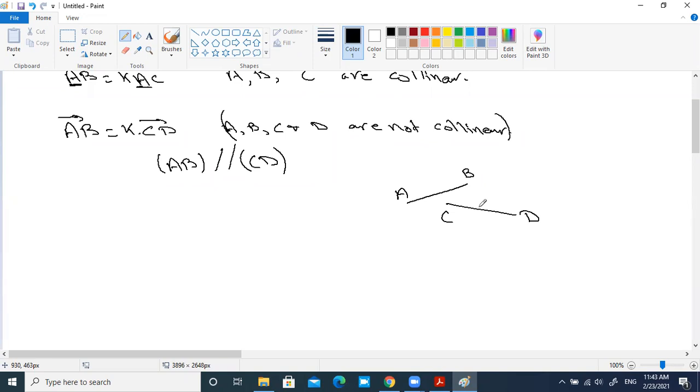If they are not parallel, they don't have the same direction, then this statement will not be true. For that reason, to say that AB is equal to some constant times CD, the lines should be parallel.